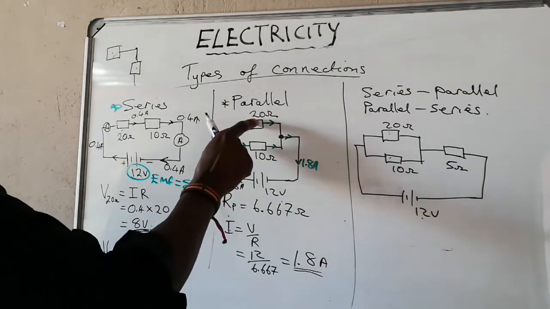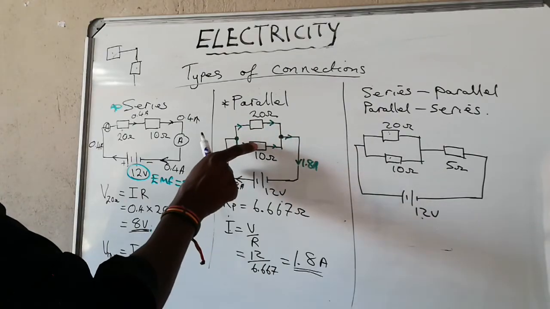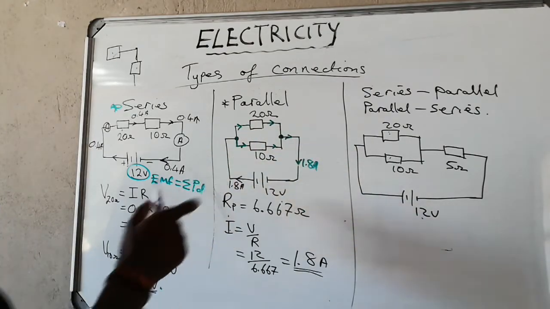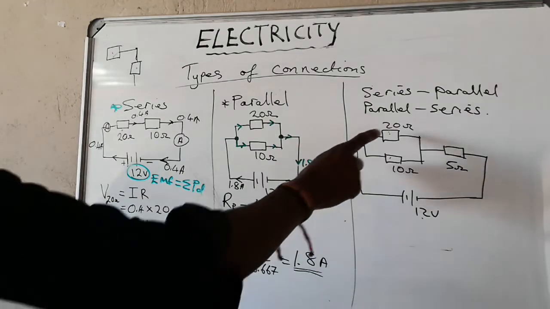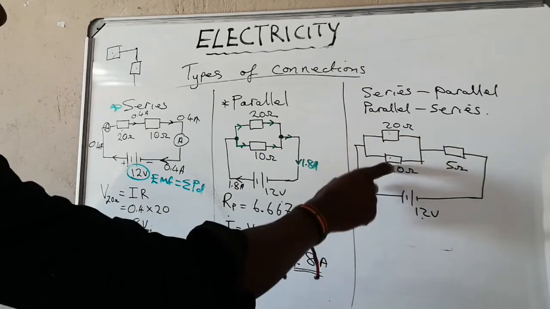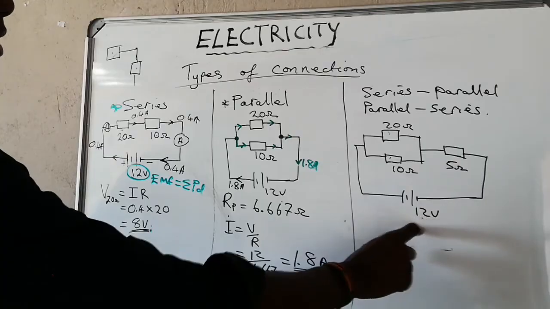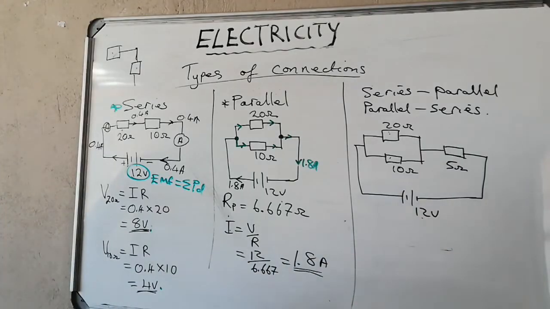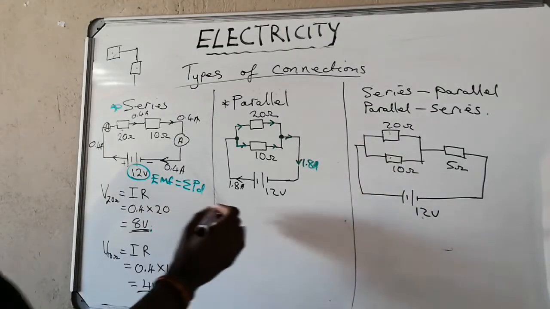But for this circuit, it is 20 ohms in parallel to the 10 ohms also in parallel to our voltage. So they will share the same voltage. That is very important to know. In this case, 20 and 10 have the same voltage, the same like we discussed, but that voltage is not 12 volts. Alright, then how much current is flowing through resistor 20?